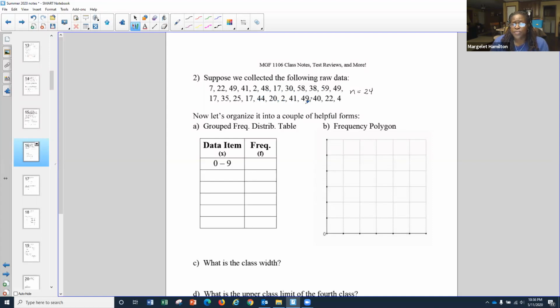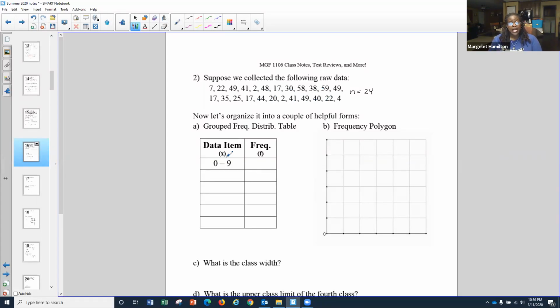So to help us fit it into our frequency table, we're going to create classes that's going to range starting from 0 to 9. Now, you want to have a set amount. You don't want to be all over the place with your grouping. Your groupings need to be exactly the same for each one. So if you start off in one pattern, you've got to keep it consistent.